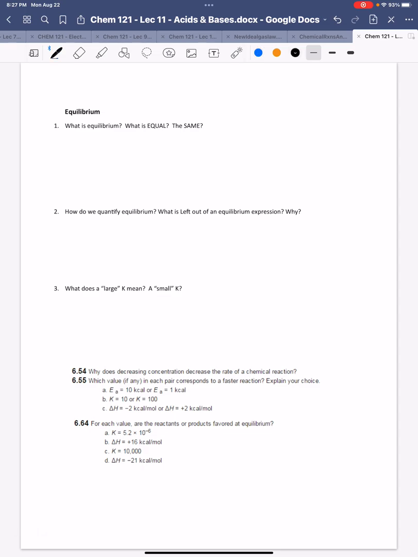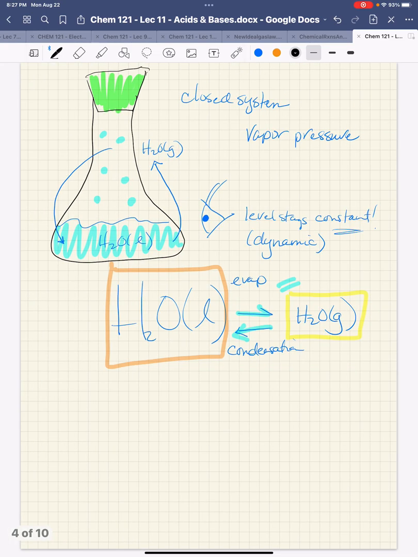And what I like to try to get students to think about is what's equal, and the equal is the forward reaction is equal to the reverse reaction, and that's what makes the system stay constant, right? And yet it's dynamic, because this is happening and this is happening.